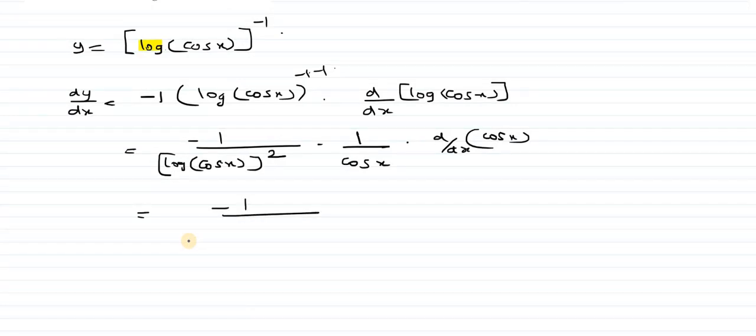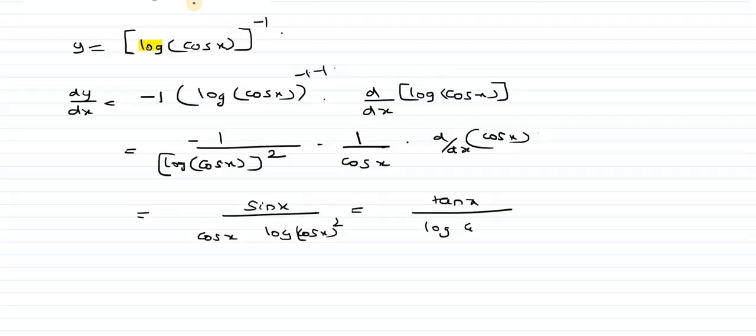Here it is minus 1 upon log of cos x the whole square. Differentiation of cos x is minus sin x. So minus of minus sin x will become plus sin x. So sin x by cos x, which is tan x by log of cos x the whole square. Clear? Any doubt?